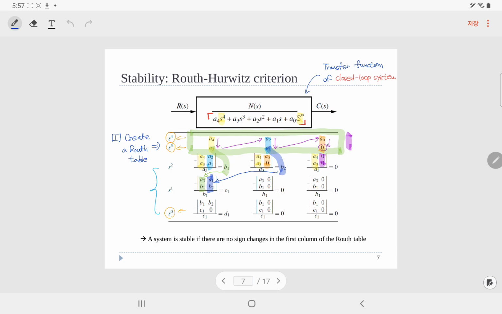If the table is complete, that means if all the rows are completed like this, then the next step is to interpret this table to find how many closed loop system poles are in the left plane, the right plane, and on the imaginary axis. I will explain that from now on.